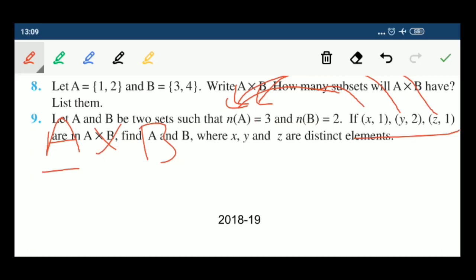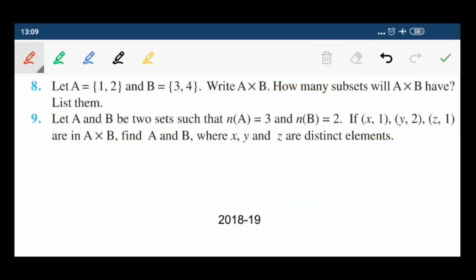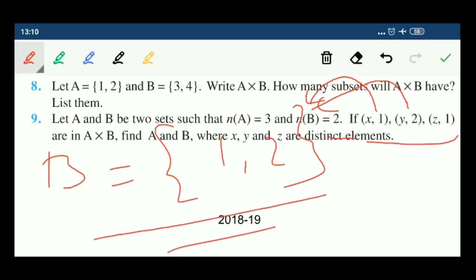So these elements x, y and z are the elements of set A. And now see, the set B has 2 elements, and in this ordered pair you can see the 1 belongs to set B and this 2 also belongs to set B. So the set B contains these 2 elements, 1 and 2. So this is our required answer.